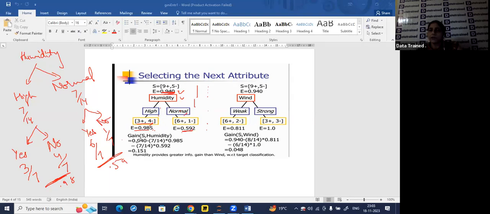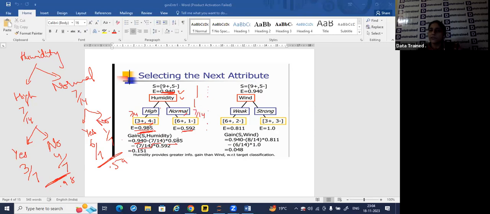Information gain: take the total entropy of the play tennis target minus 7 by 14 into the calculated entropy of high, minus 7 by 14 into the entropy of normal.